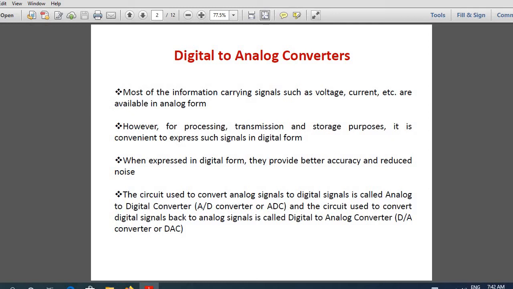Now, what is a digital to analog converter? You know that most of the information carrying signals like voltage and current are usually available in analog form.